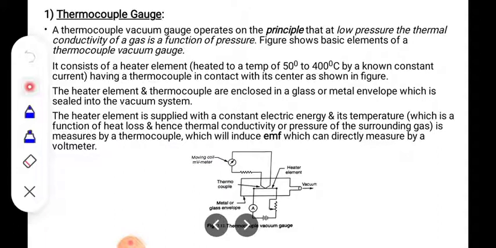Now we have increased the temperature of the wire by flowing the current, and we have provided that complete assembly in one container having vacuum. As the pressure inside the container is less, the thermal conductivity of the gas also decreases.